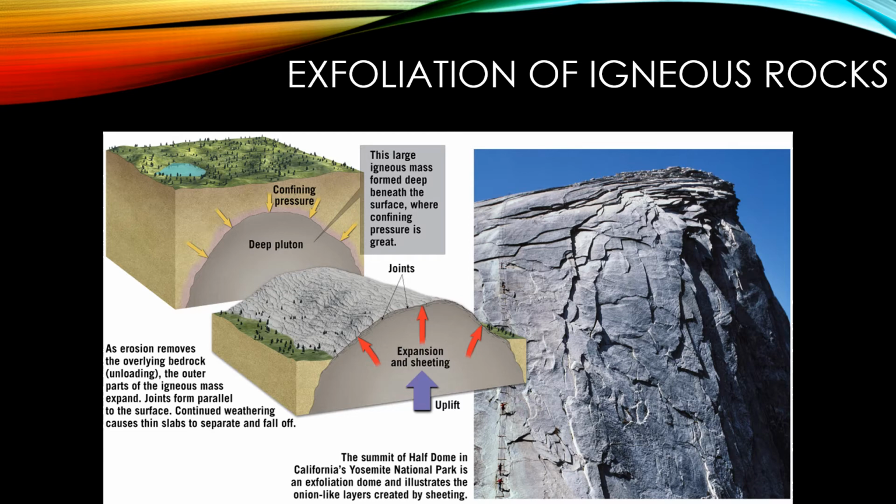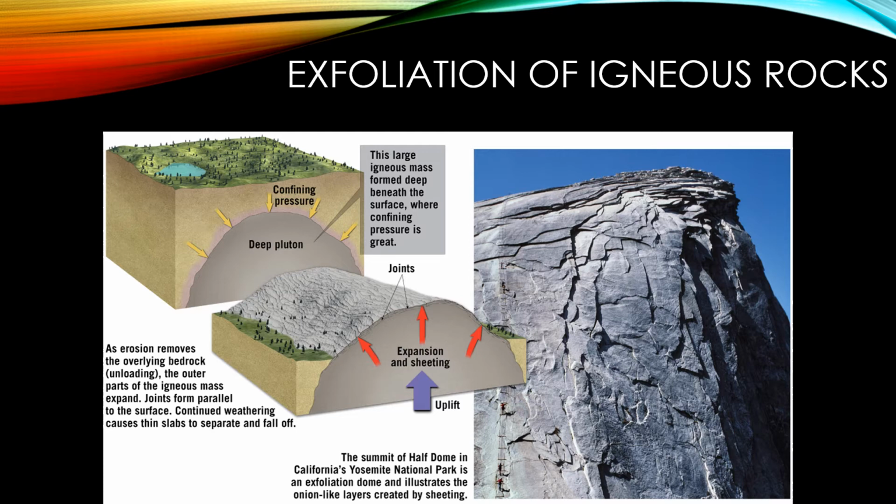So originally there was a pluton of magma deep below the Earth's surface. I'm in the upper left of this figure right now. And because it formed deep below Earth's surface, there was an immense amount of confining pressure.